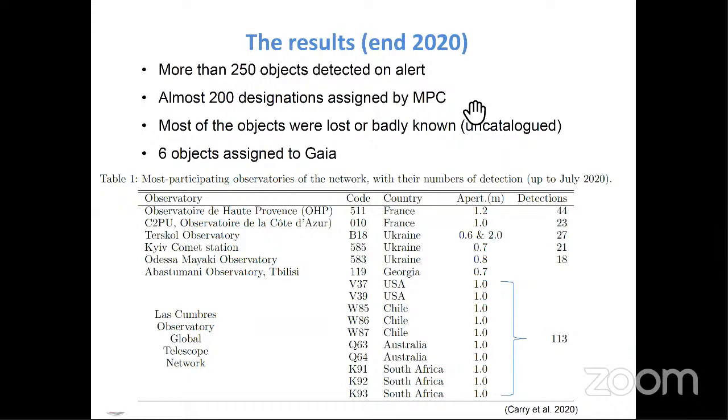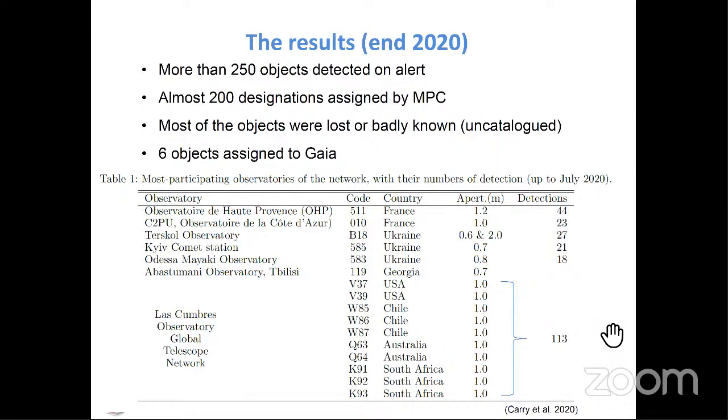And this is one important result of the activity, which gives the possibility for these asteroids to be known thanks to the retrieving of these asteroids from the ground and the very precise observations by Gaia. And only 6 objects were assigned to Gaia as discovered.